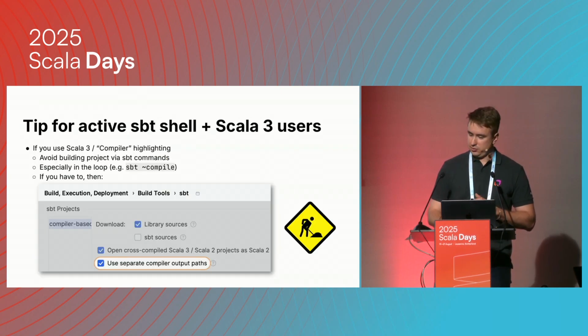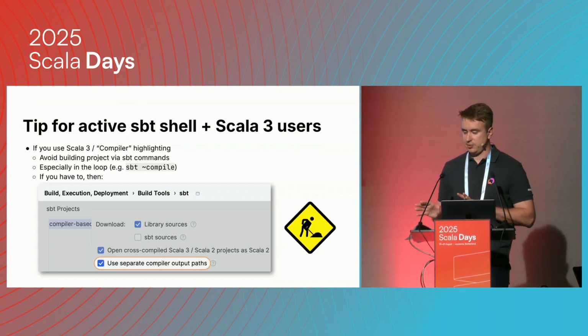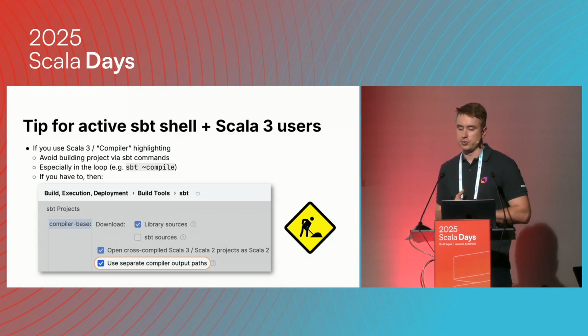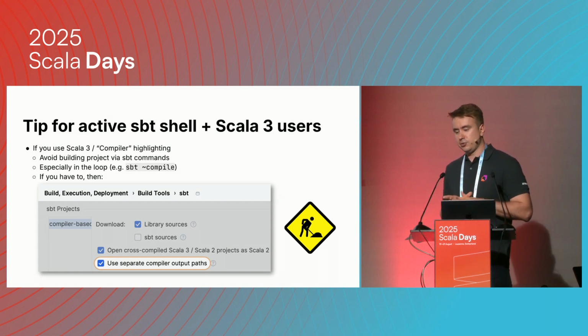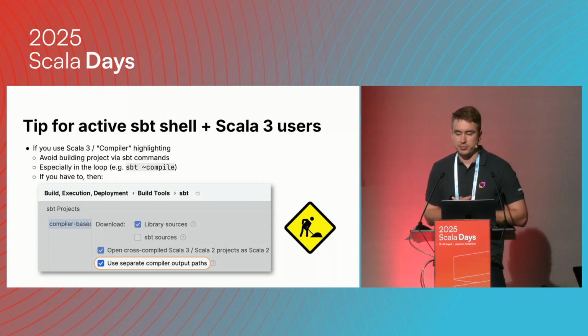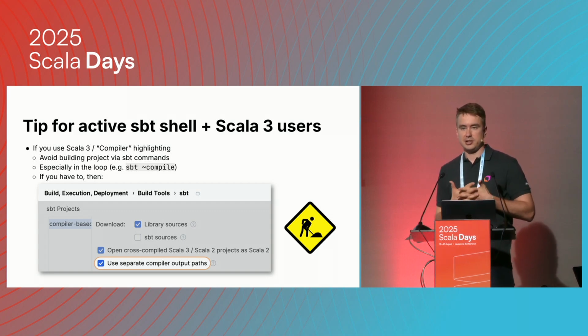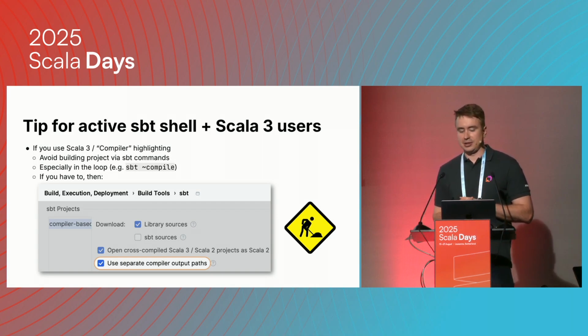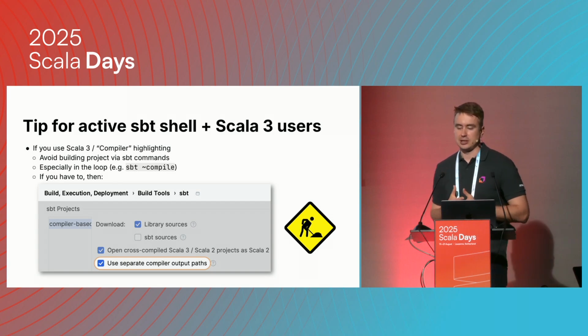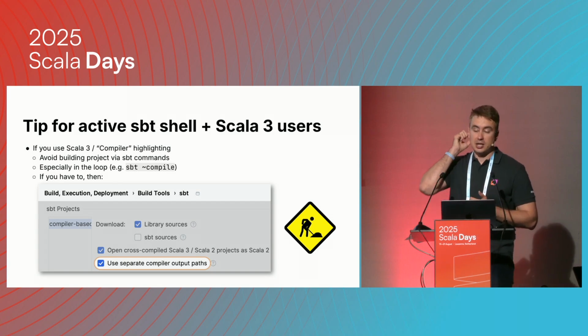All right. Also, I wanted to provide a couple of tips for those who use Scala 3 and thus compiler-based highlighting by default. Very shortly, if you're an active SBT shell user, if you build your project from the SBT shell in IntelliJ IDEA or from an external terminal, there might be some clashes between it and IntelliJ. So if you don't have to do that, don't.